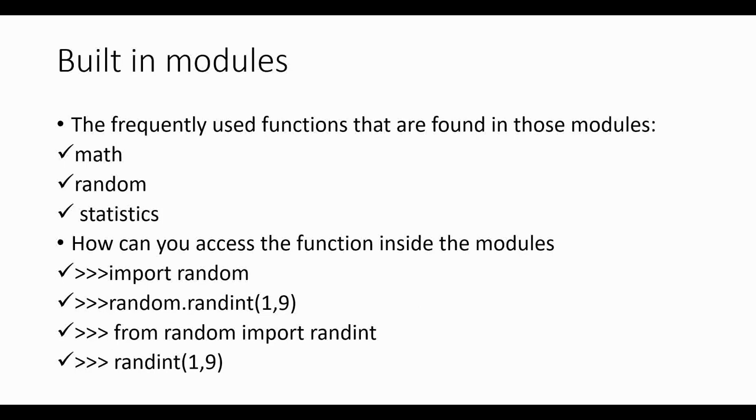In the example on the screen, you can see the random module. The random module helps us to fetch the required function from the module called random. randint is one such function, and when you're using randint, you use the module name, that is random, and the dot operator followed by randint.